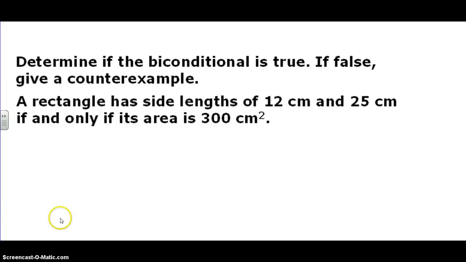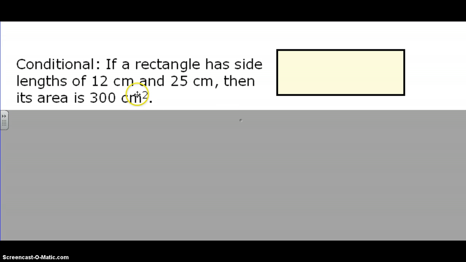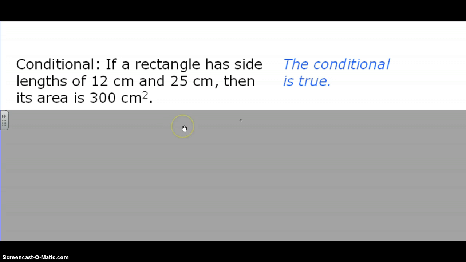A rectangle has side lengths of 12 centimeters and 25 centimeters if and only if its area is 300 centimeters squared. So the conditional here would be if a rectangle has side lengths of 12 and 25 centimeters, then its area is 300, right? And so the conditional is true. 12 times 25 is 300, so the conditional is true.